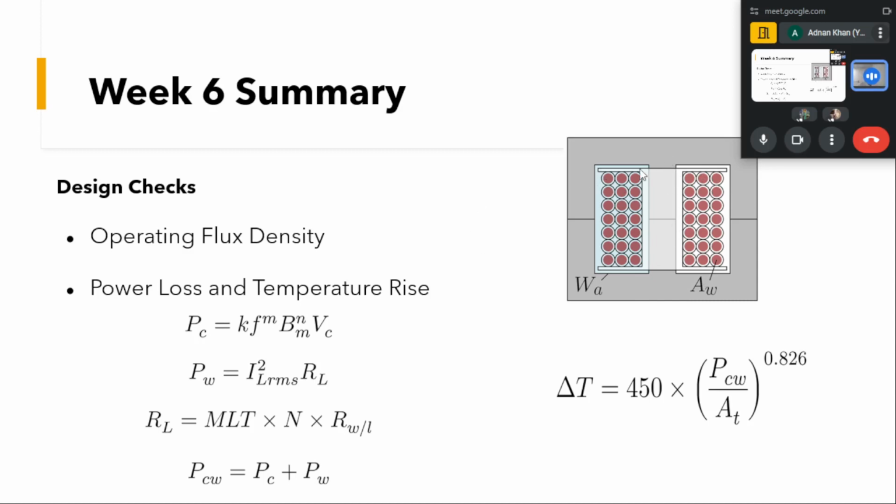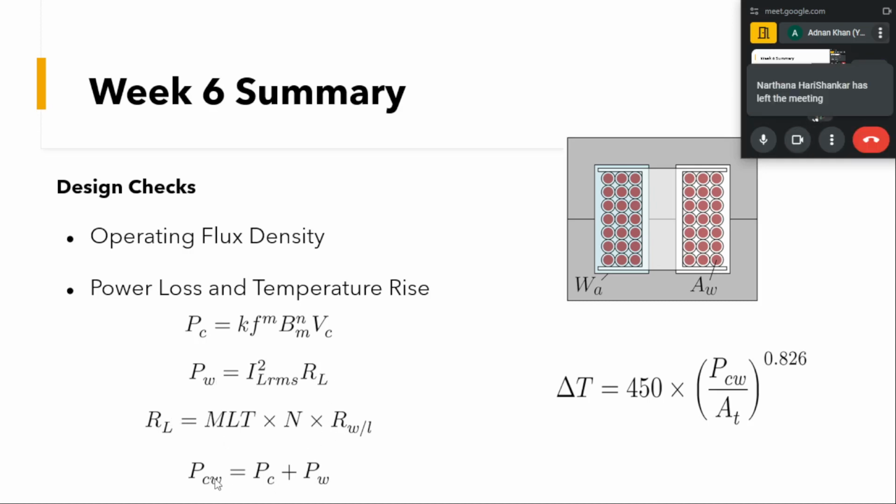So we assume that the length of each turn is approximately equal to that, and if we know the length of one turn, the number of turns, and the resistance per unit length, we should be able to calculate the whole resistance of the wire. And once we have calculated that, we should be able to calculate the power loss.